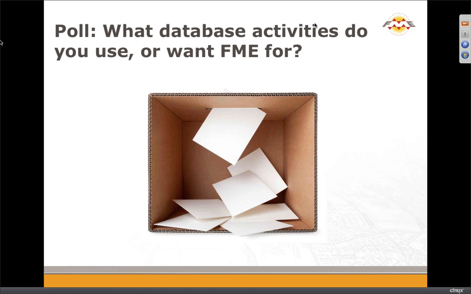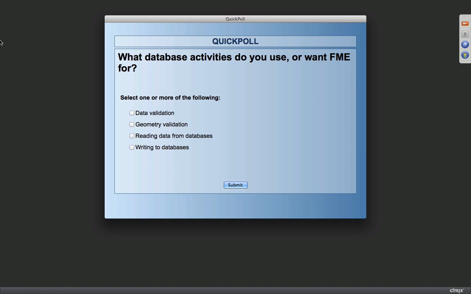Okay. Another poll coming up here. We're trying to get the polls out of the way earlier in this broadcast. We find that people will pay attention a little better to the polls up front than they do halfway through when we're in the middle of a demo. So here we're just looking for the kinds of database activities that you might be using, or you might want to use FME for. And of course, remember, although we work heavily within the spatial field, we're not just doing spatial stuff here.